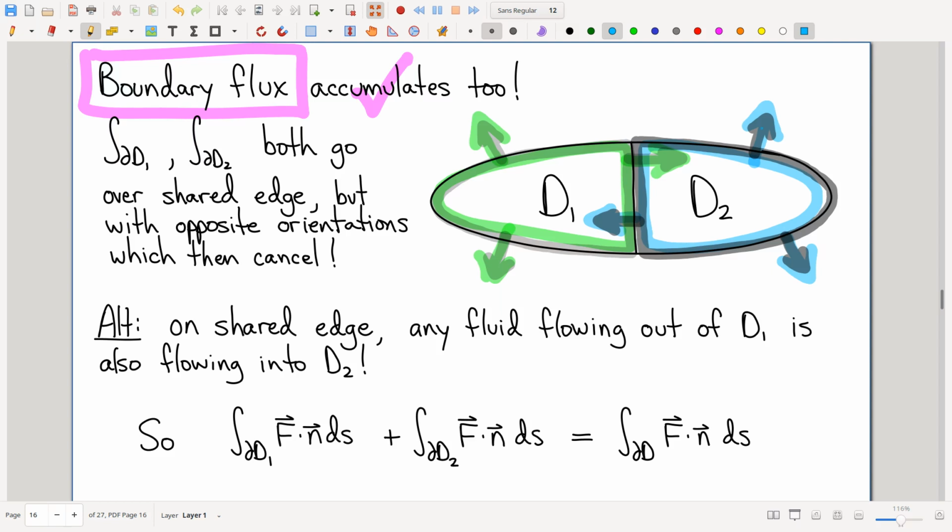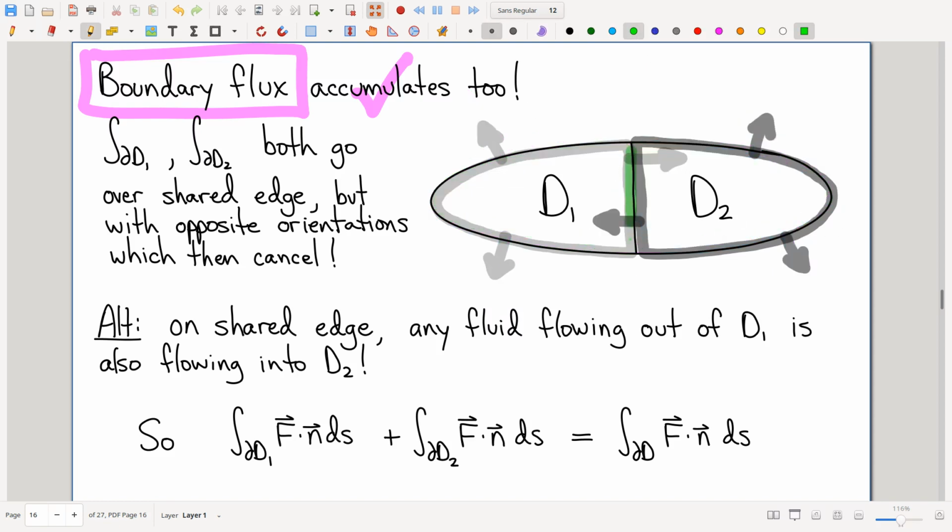So you can see this looks a lot like the overall outward-oriented boundary flux, with the main difference being all this stuff that's happening in the middle, right? We have this shared edge that was created when I sort of sliced right through the middle of my lump to divide D1 from D2, and on that shared edge, yes, there are new flux terms, right?